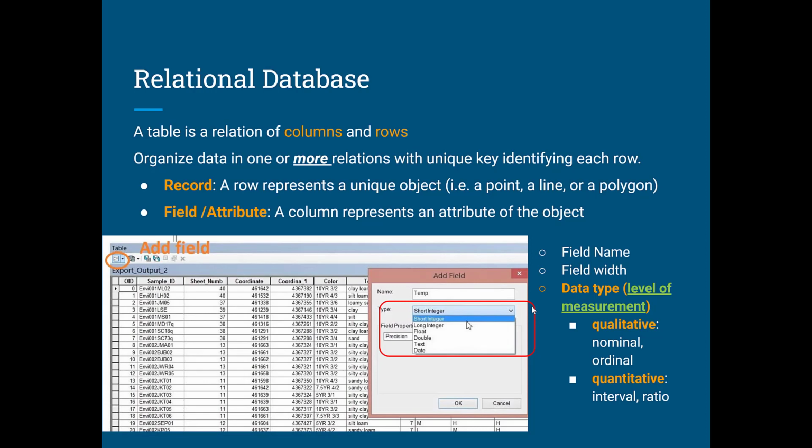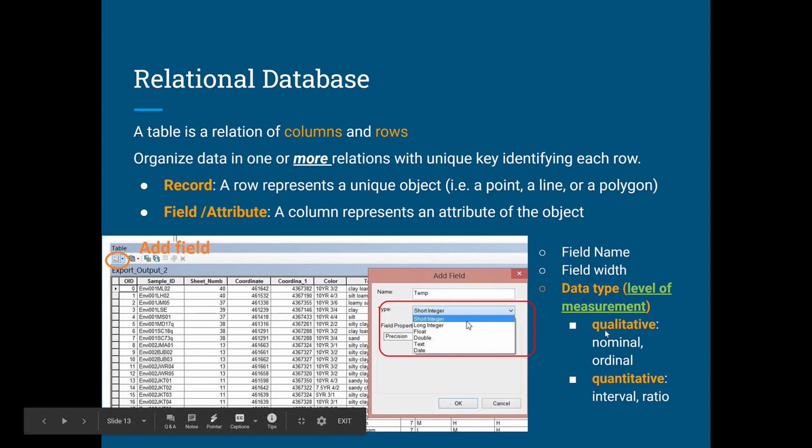Remember in lecture number 1, we talked about the data type of thematic attributes, right? Based on the level of measurement, we have nominal, ordinal, interval, and ratio. Really, we have two types, qualitative and quantitative information.